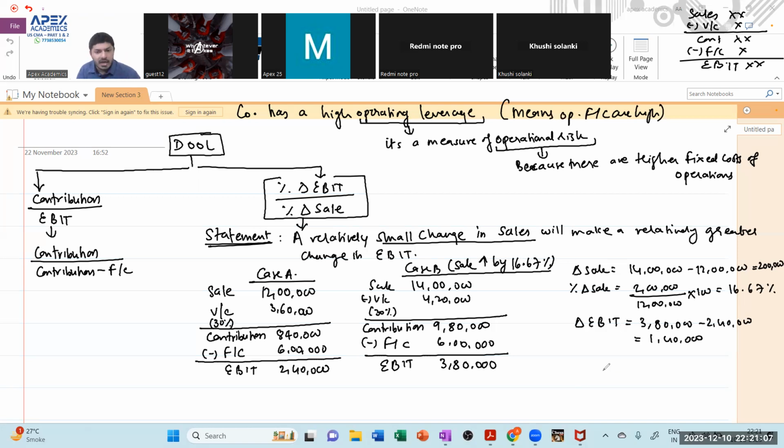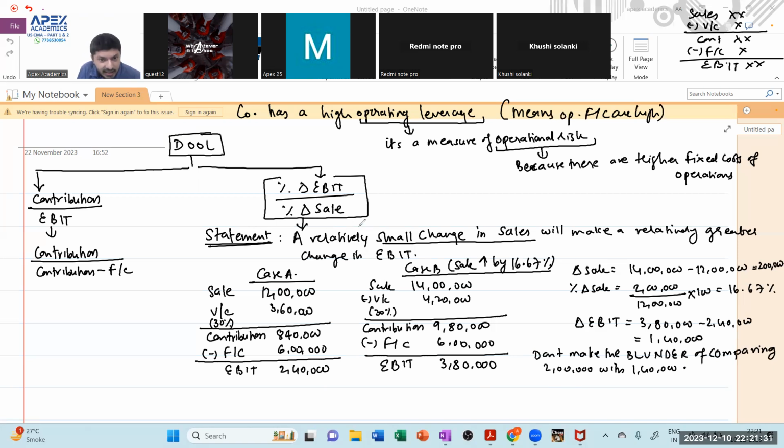Don't make the blunder of comparing 2 lakhs with 140.